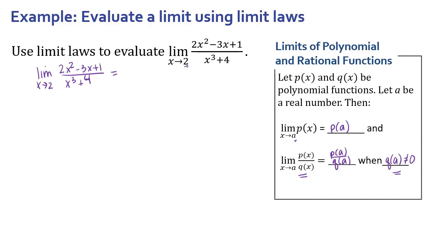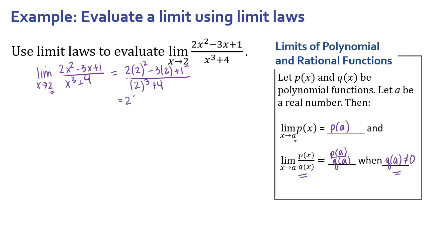So that's great, because this means to evaluate this limit, instead of having to do the limit to the numerator or denominator and then each term, all I have to do is substitute this a value, which is 2, in for x. So that gives me 2 times 2 cubed minus 3 times 2 plus 1 all over 2 cubed plus 4.